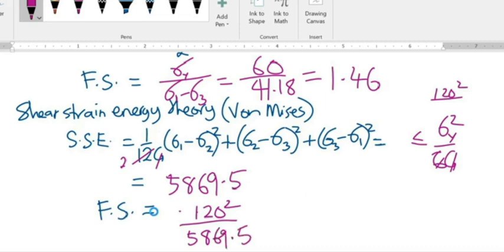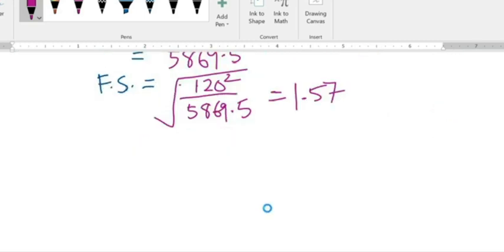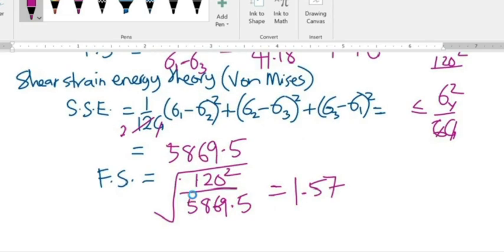Because in the shear strain energy theory the terms are squared, you have to also square the yield 120 so that you get your correct factor of safety, and it's going to be equal to 1.57. So in essence, this is our factor of safety using shear strain energy theory.